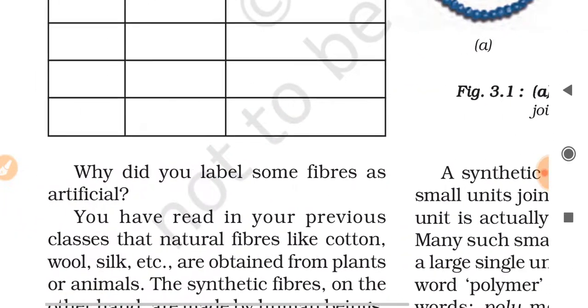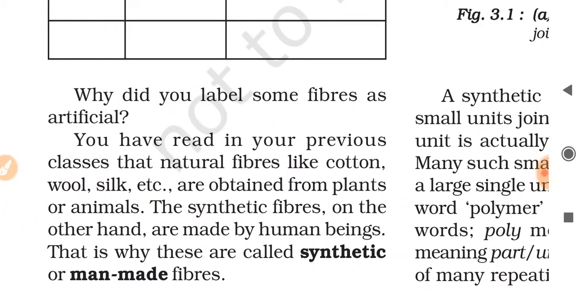Why did you label some fibers as artificial? You have read in your previous classes that natural fibers like cotton, wool and silk are obtained from plants or animals. The synthetic fibers, on the other hand, are made by human beings. That is why these are called synthetic or man-made fibers.